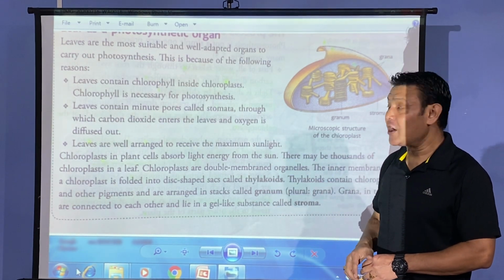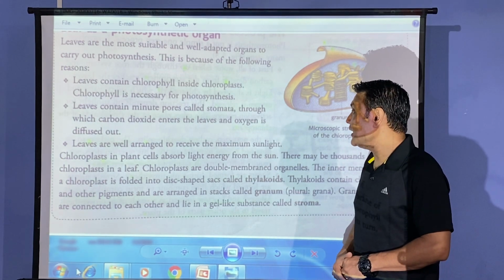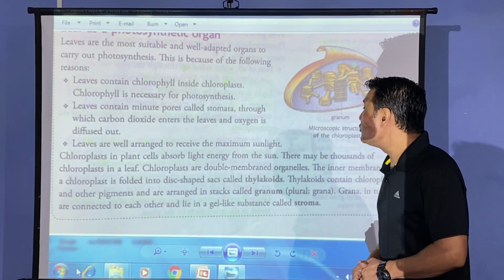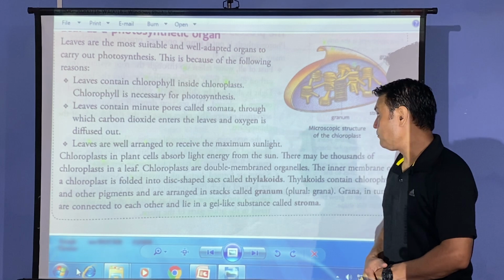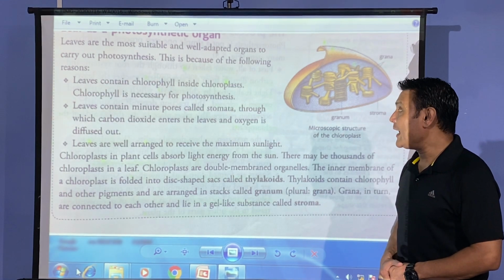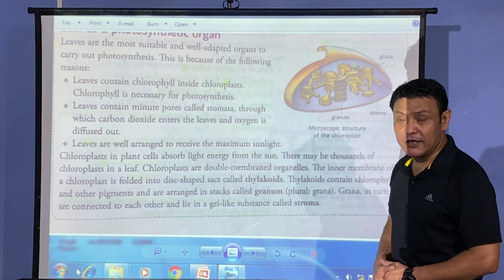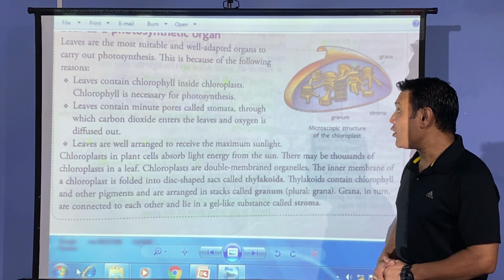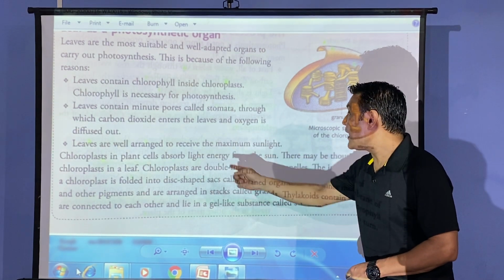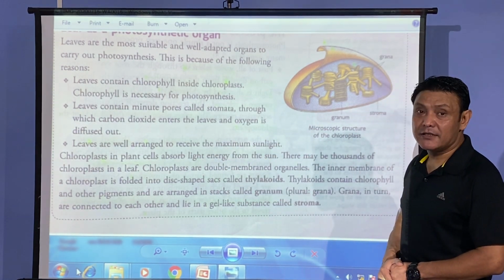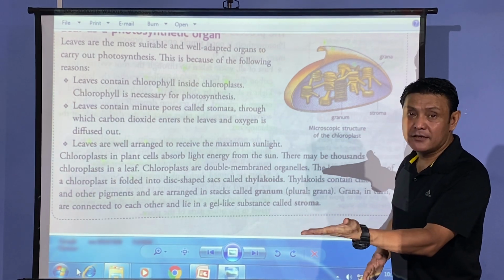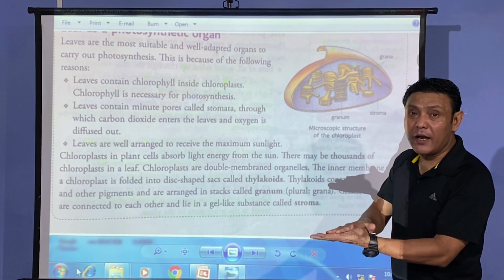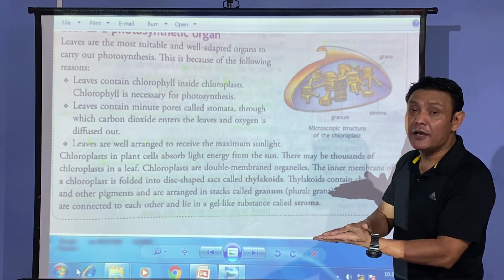So this takes place through the stomata in the leaves. So leaves contain minute pores called stomata through which carbon dioxide enters the leaves and oxygen is diffused out. Not only that, leaves are well arranged to receive maximum sunlight. Since it has a flat surface, a lot of solar energy falls on it which can be trapped.